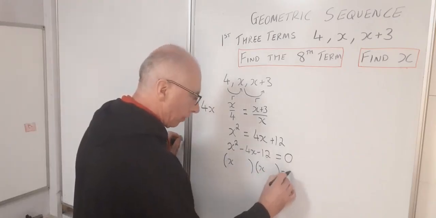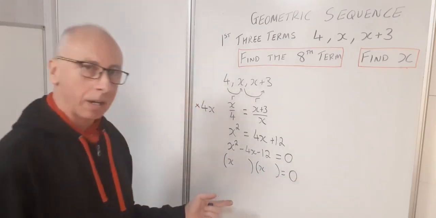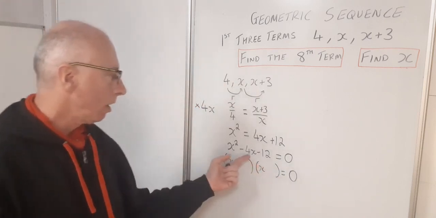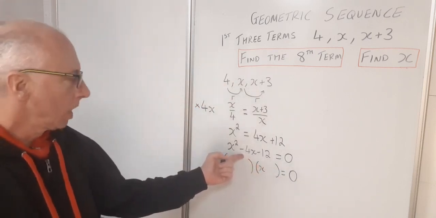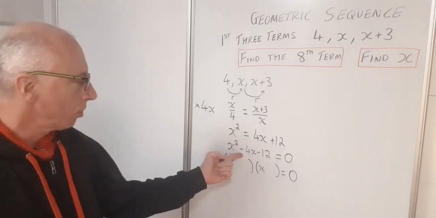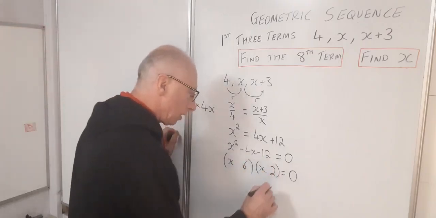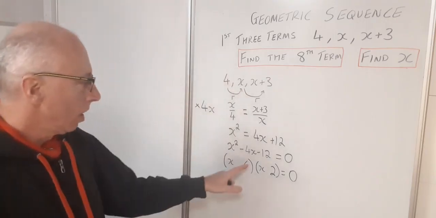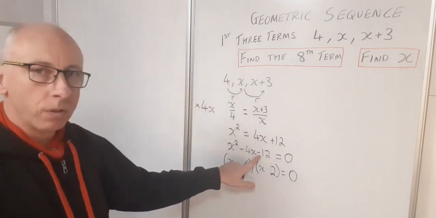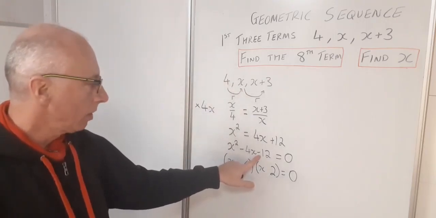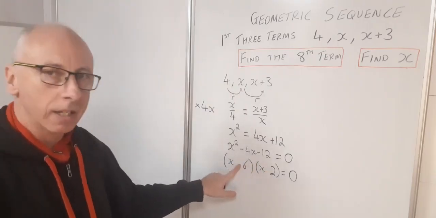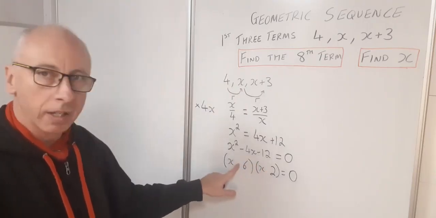So while I'm thinking of my factors, let's write out my setup. Now minus 12, I need a difference of 4. So 6 and 2 spring to mind straight away. So let's put my 6 and 2 in there, and then let's decide on what signs I need. Well, I need a minus sign for my value here, so these two need to multiply and get a negative. So they must have a different sign.